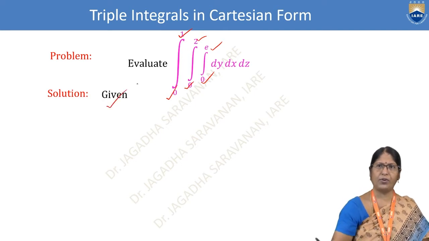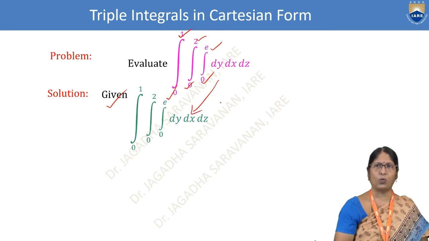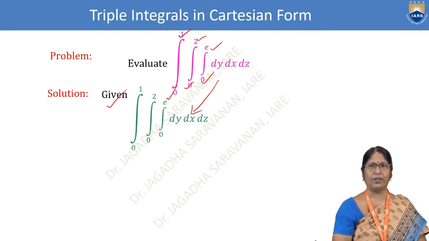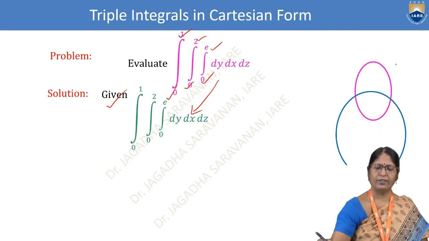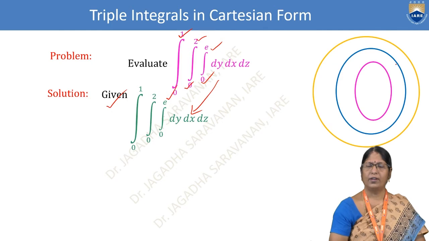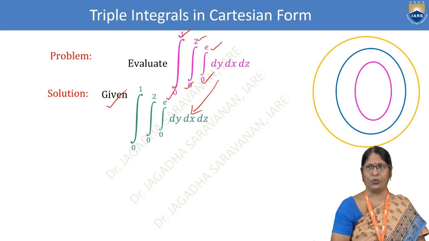So the presentation given, the integration, the equation as it is we have written. Now we can see here the circles are there. This is to increase the understanding level of the triple integrals, how to do them.